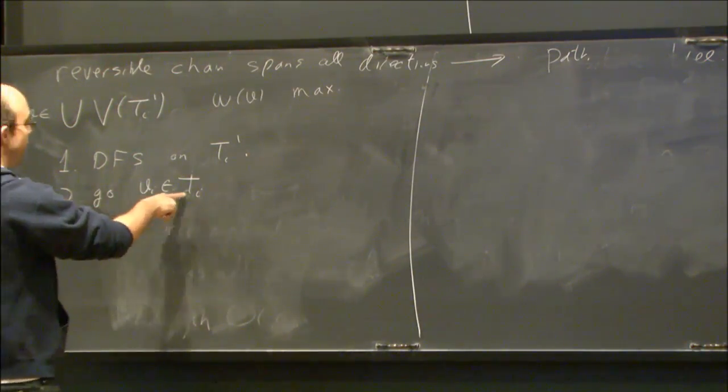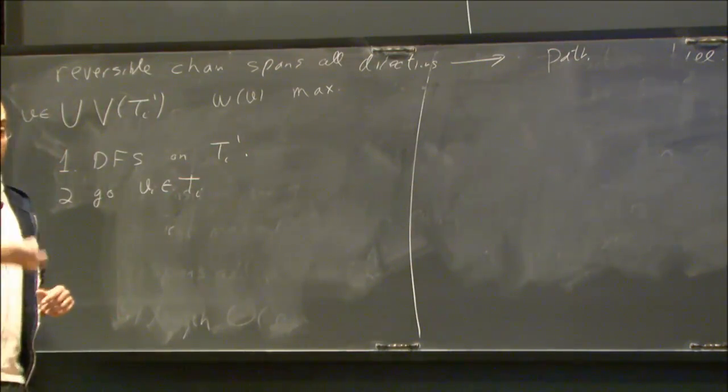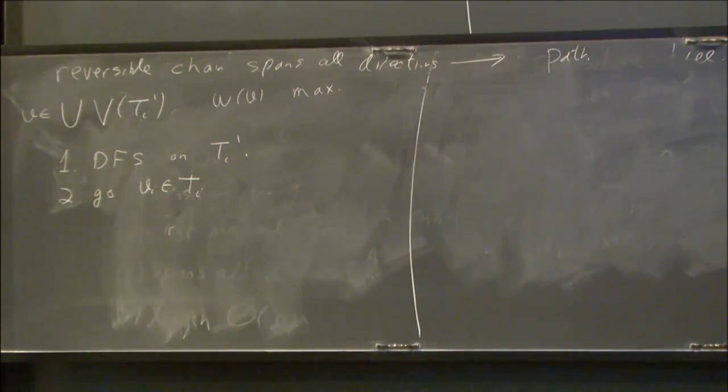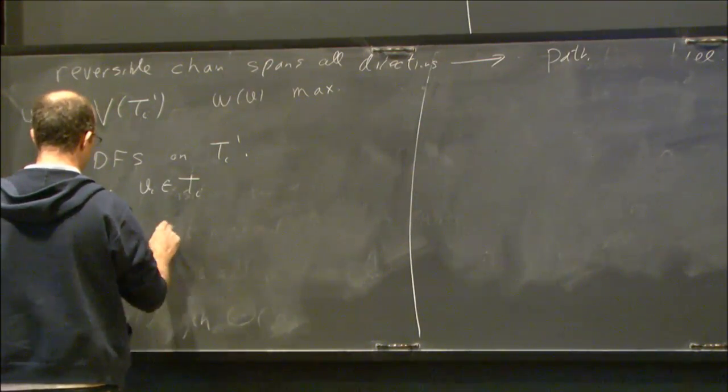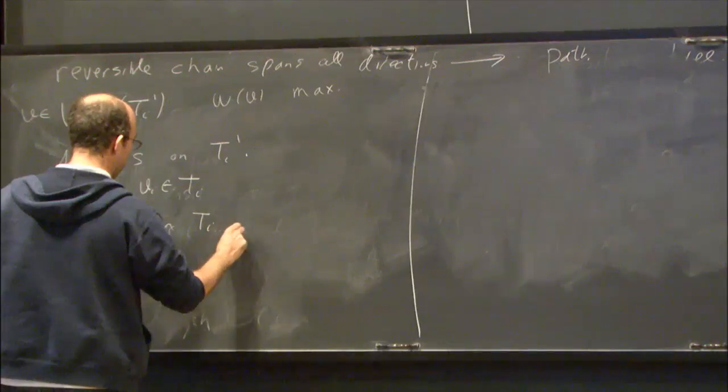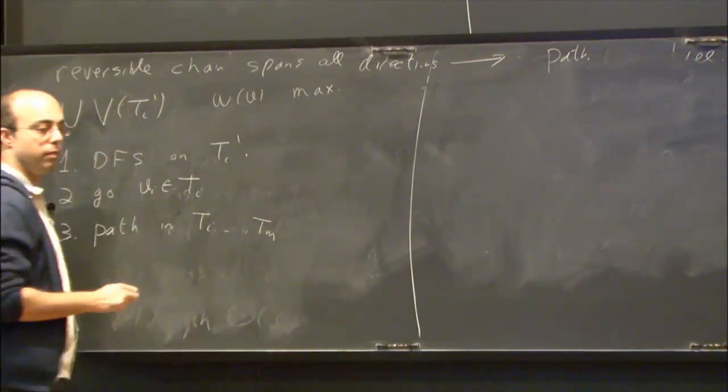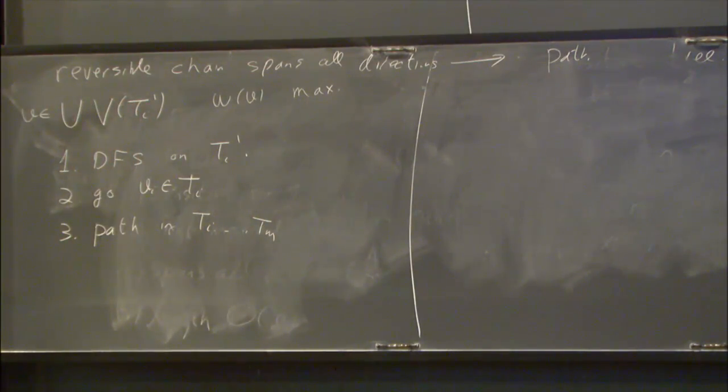And then because it's in Ti, and since Ti up to Tm is a regular chain, we can move in one direction. So we use this path in this tree chain, Ti up to Tm. So we can go through Ti, Ti plus 1, Ti plus 2, Ti plus 3, and so on, up to the very end. And then you can move in the other direction.